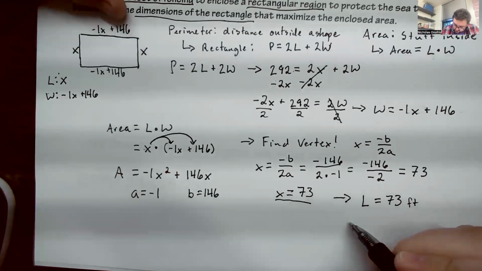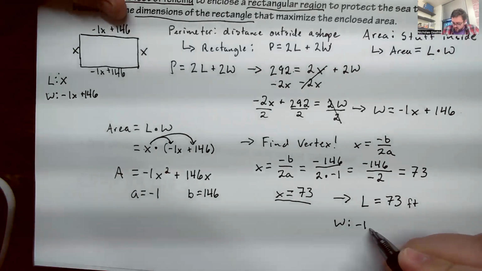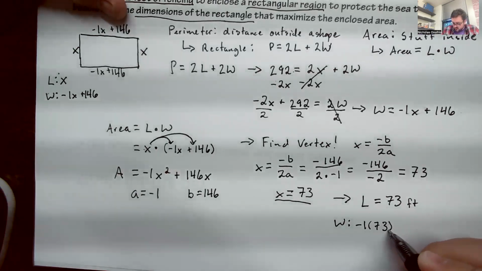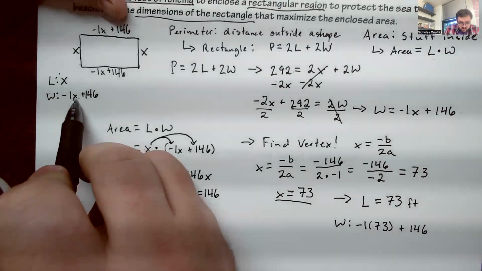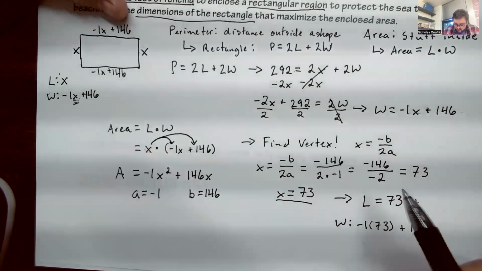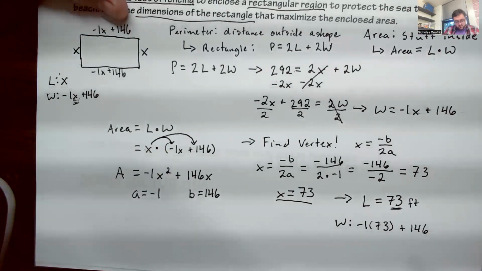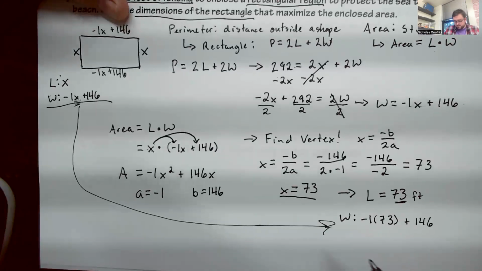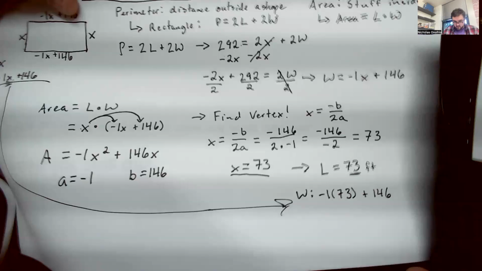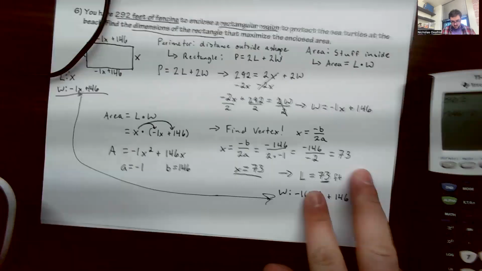We can also use this to find our width. Width is -1 times 73 plus 146, taking our x and replacing it with 73. You don't have to do that in your head.